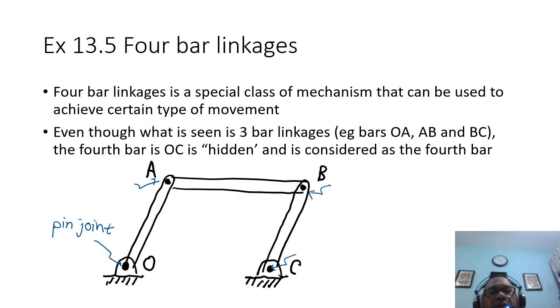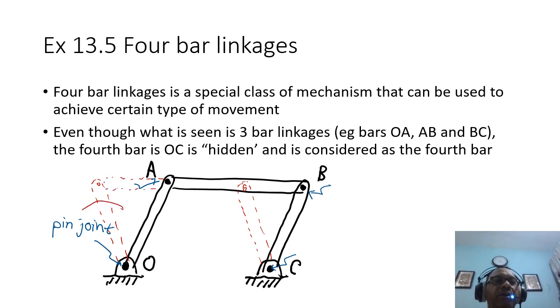For example, if I draw here, if I were to rotate OA 45 degrees, you can see that let's say it's about 45 degrees from there, so it's about here, and therefore BC will also follow suit, and you can find that this is the new position of the horizontal bar.